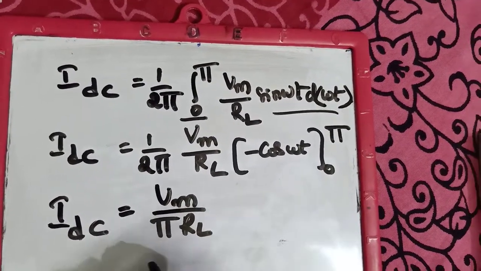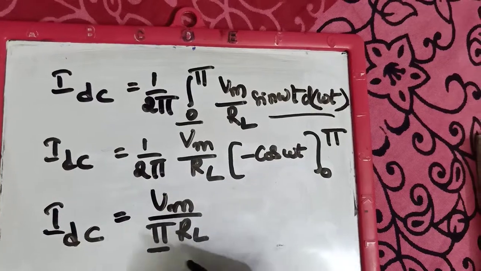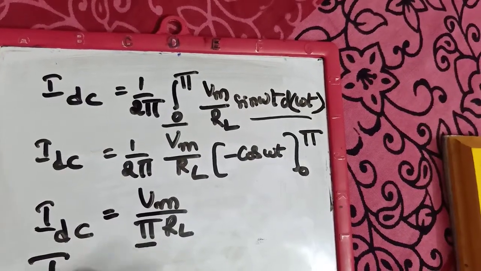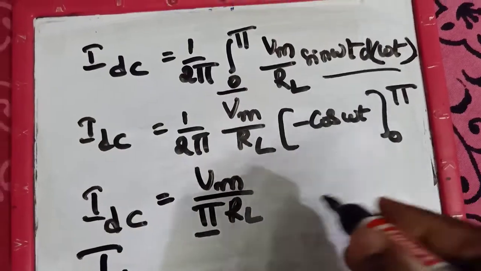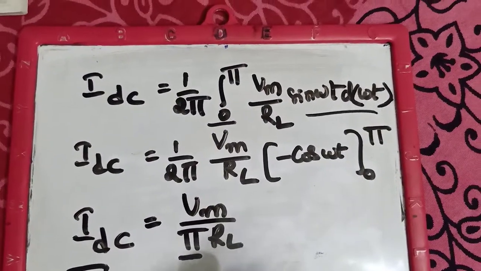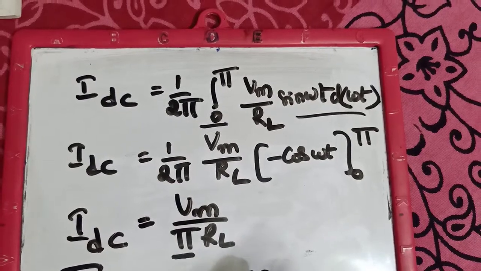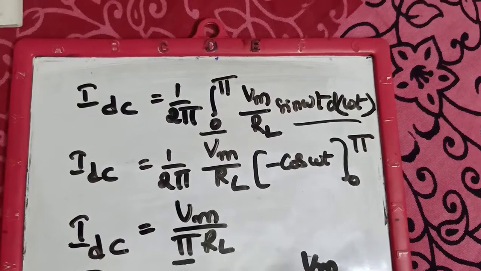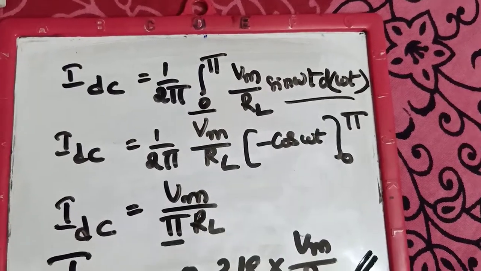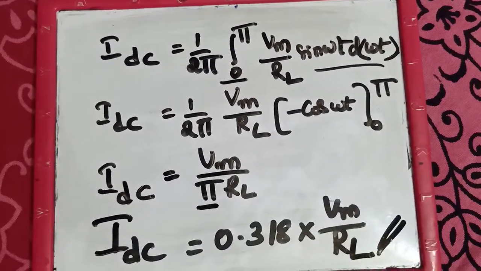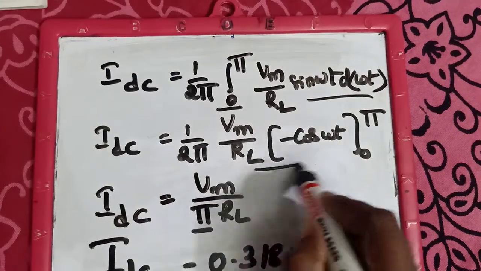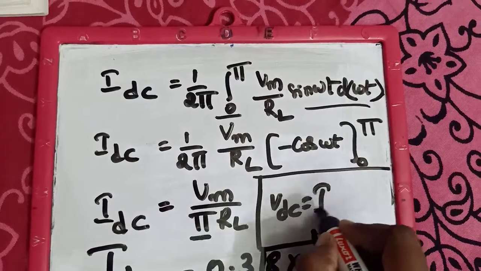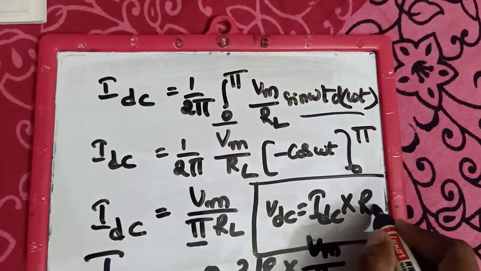Taking 1 by π as 0.318, since π is 22/7, we get IDC = 0.318 Vm by RL. This equation represents the output current IDC, and from it we can calculate VDC. VDC = IDC times RL, because the output voltage is taken across the load resistance.